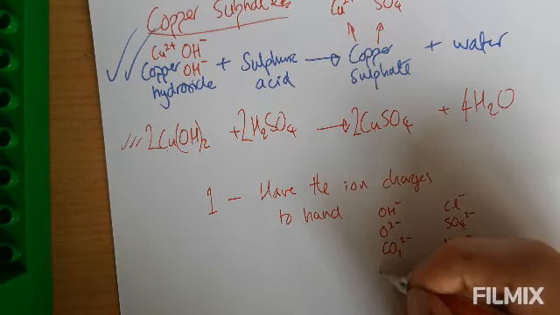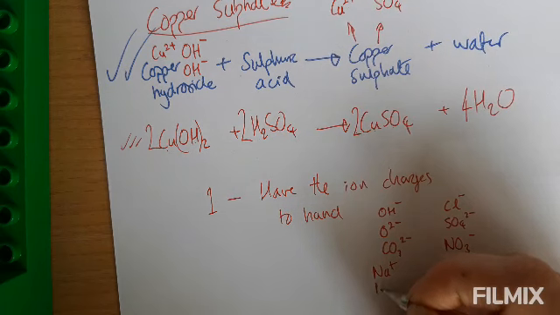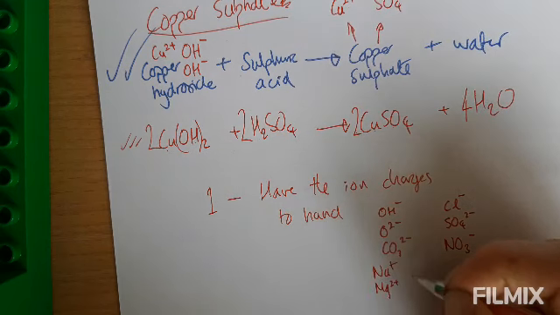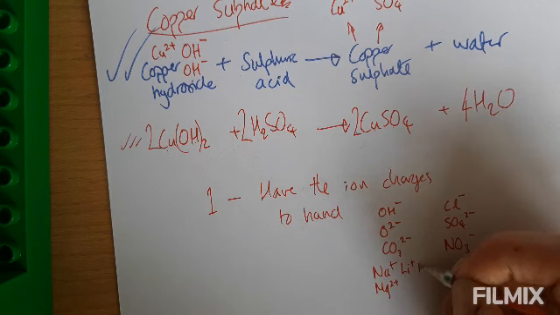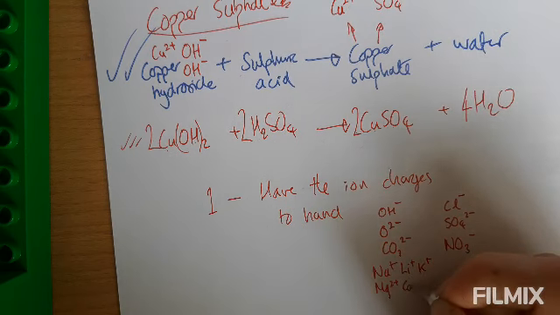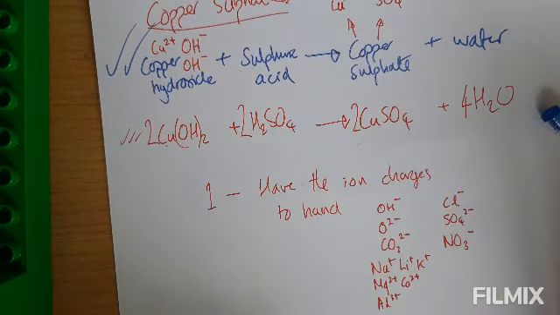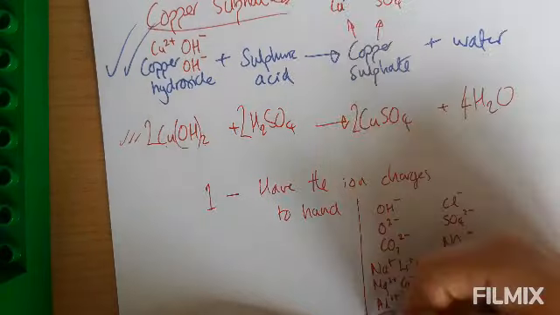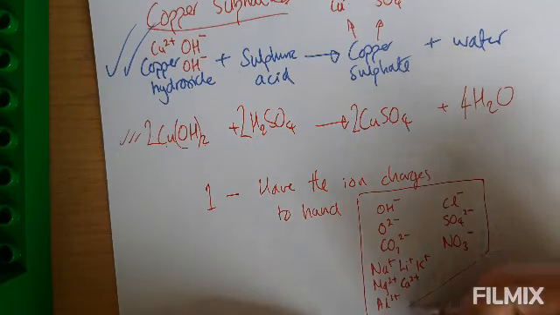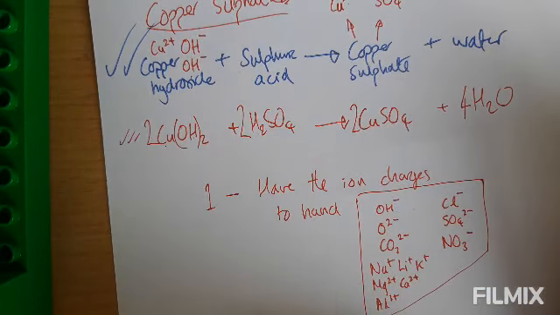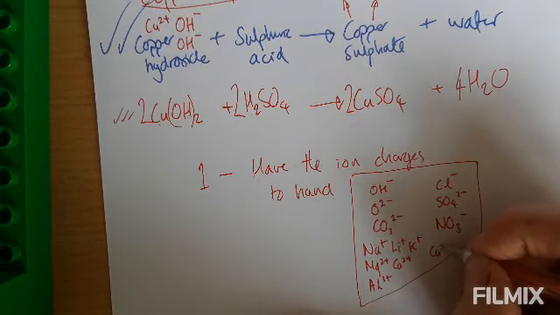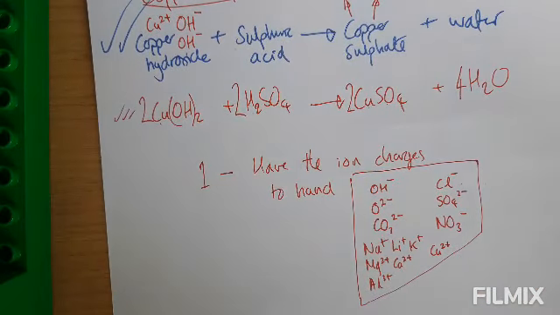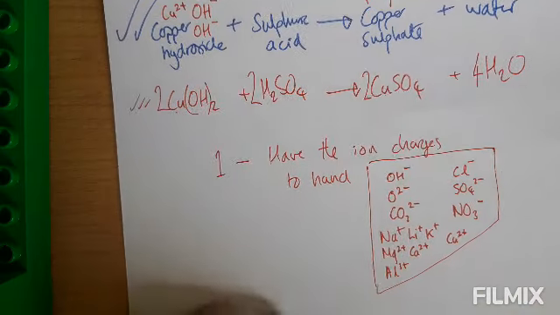Positive ions that you will need will be group 1 metals, Na+, group 2 metals, Mg2+, so that could be Na+, Li+, potassium+, Mg2+, calcium 2+, etc. Group 3, aluminium 3+. I think those charges will probably get you most of the way there. All right, I'm going to throw in a copper 2+ as well. You could do with learning that. All right, have the ion charges to hand.